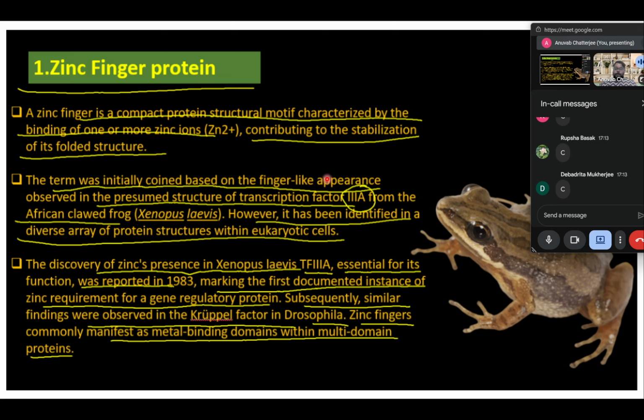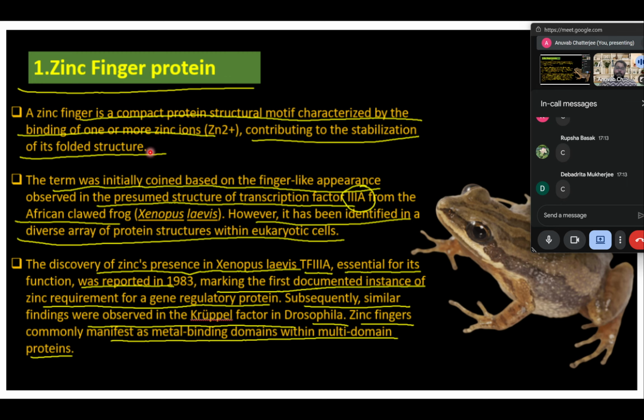The first one that we're going to deal with is the zinc finger nucleases. But in order to learn what zinc finger nucleases are, we first have to know what zinc finger proteins are. A zinc finger is a compact protein structural motif characterized by binding of one or more zinc molecules, contributing to the stabilization of the folded structure.